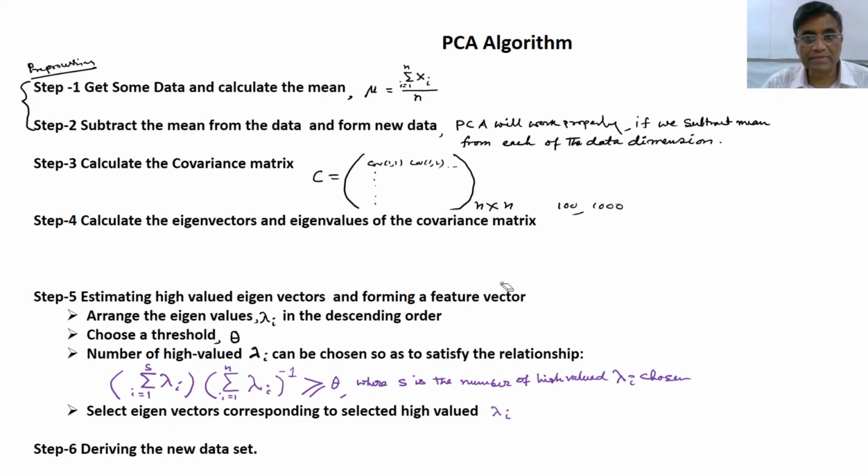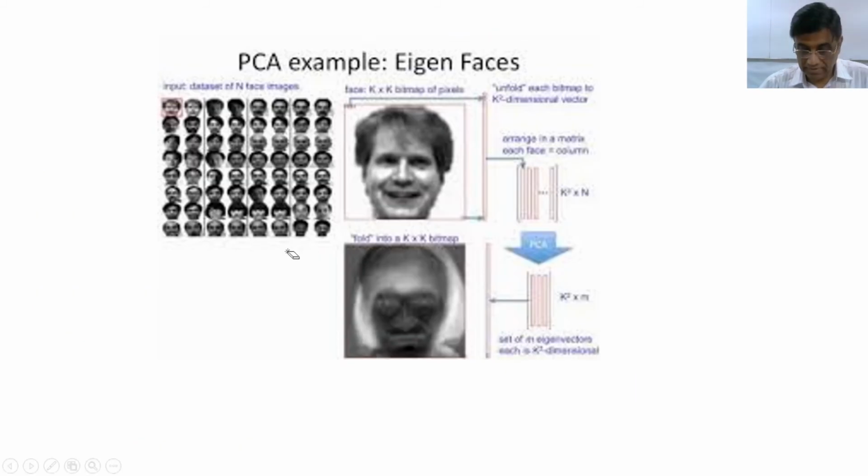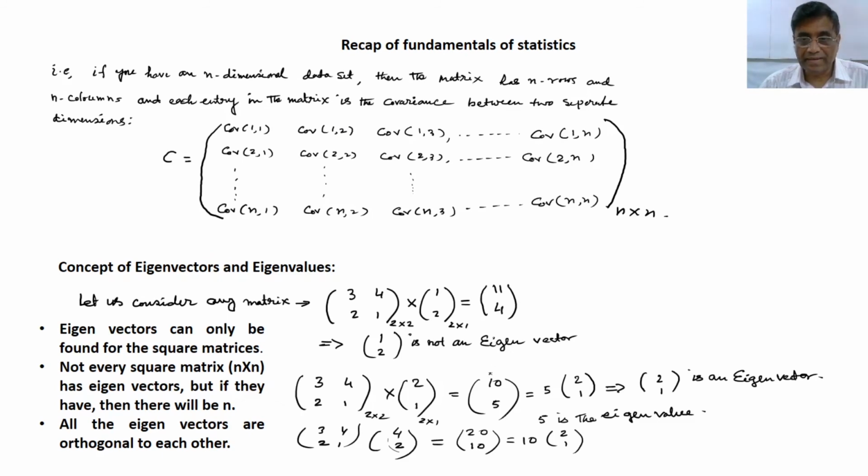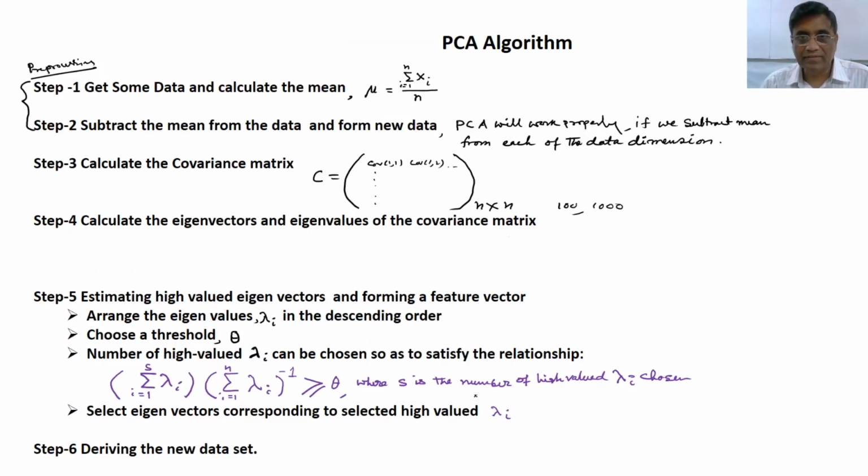Once you have done this, then calculate the eigenvectors and eigenvalues of the covariance matrix. As you know, I calculated eigenvector and eigenvalue. This is the eigenvector, and this is the eigenvalue of this matrix, which is a very tiny matrix, but you know that there are algorithms.